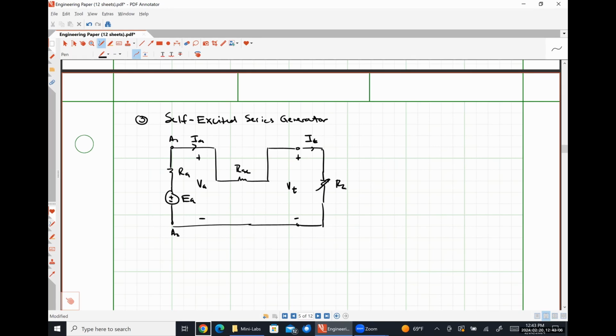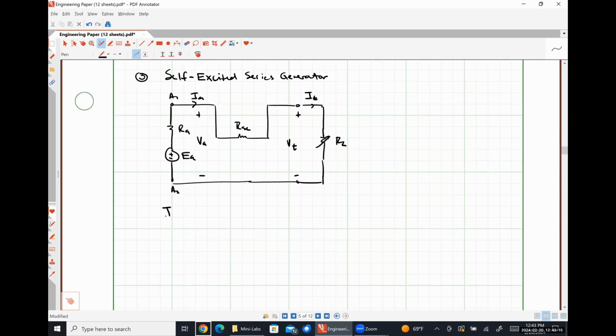So we can see by inspection that IA and IT have to be the same current because it's just one big single loop, right? So IA must be the same as IT.